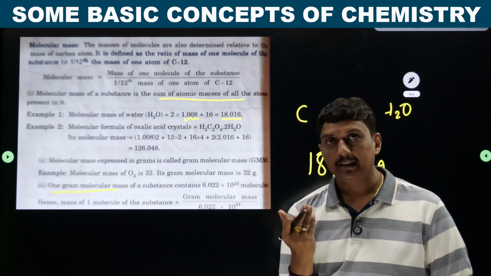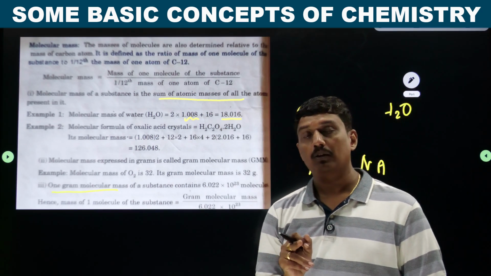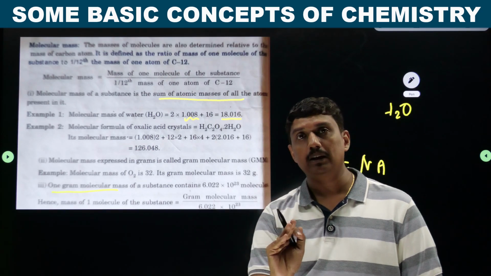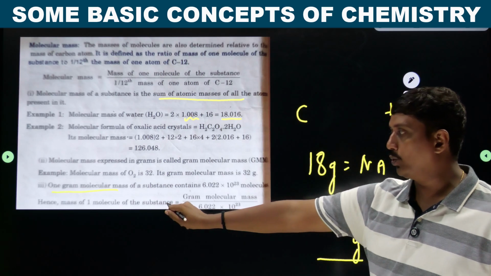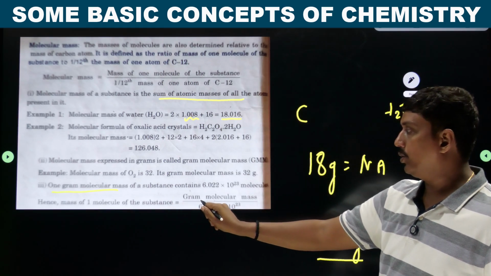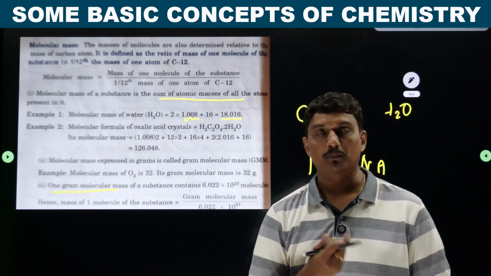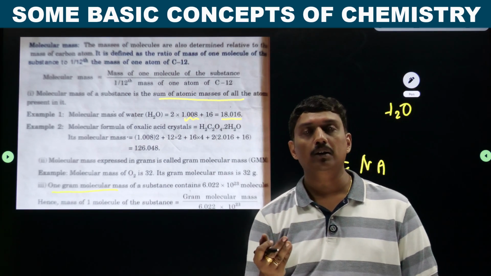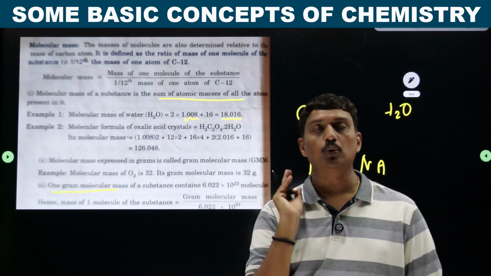Earlier we calculated the mass of one atom. Here we are calculating the mass of one molecule. The mass of one molecule of a substance is equal to gram molecular mass divided by Avogadro number. For example, what is the mass of one molecule of water?